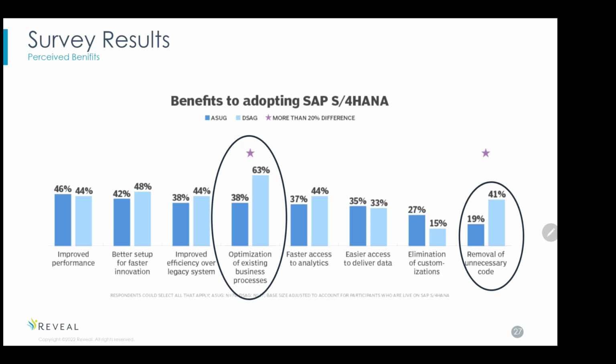So if you think about being able to start optimizing your business processes now, and then I've highlighted the one on the right-hand side, start to look at things like your customizations and the removal of any unnecessary code and those kind of things, then the transition to HANA is going to be a lot easier, right? Because you're going to have your standard practices in place. You're not going to have to rewrite a load of stuff.